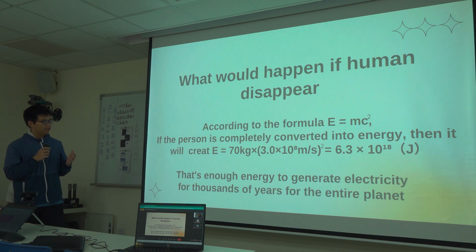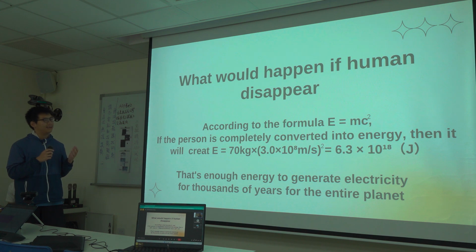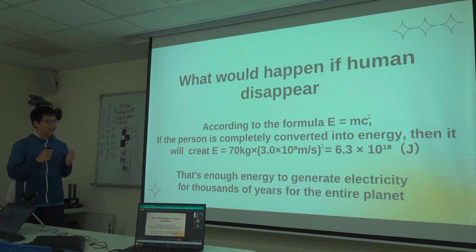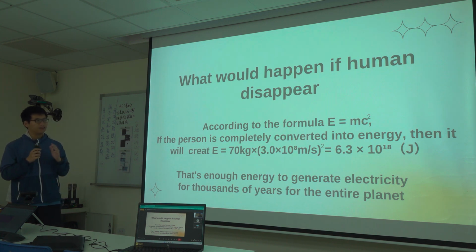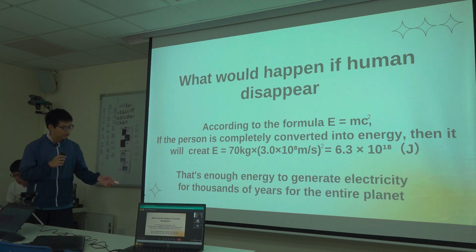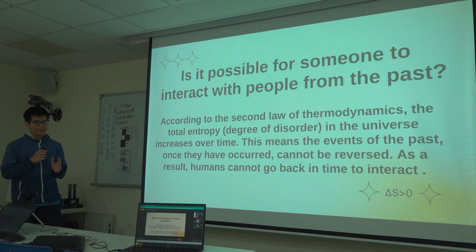So if the human disappear, it will transfer a human body to an enormous power. Like if this power transfer to the electricity, it will generate the electricity for thousands of years for the entire planet. Okay, the next.